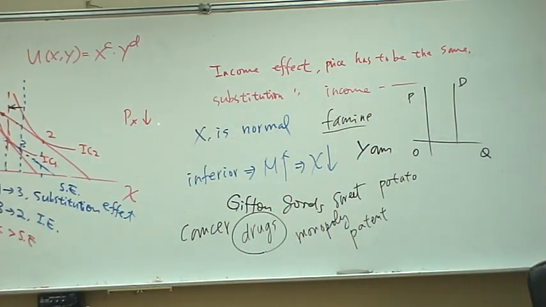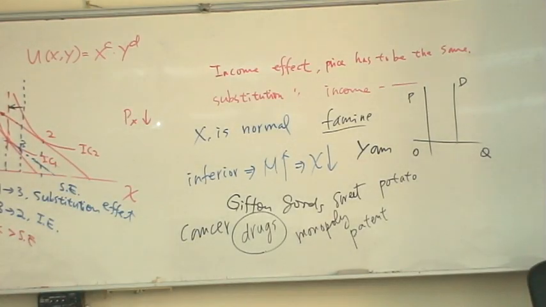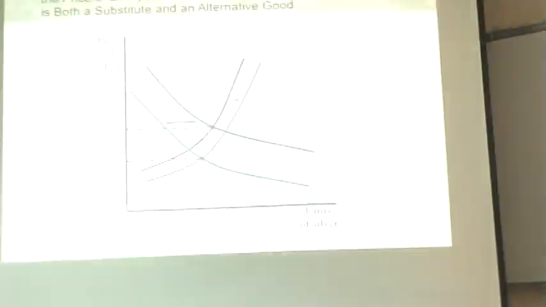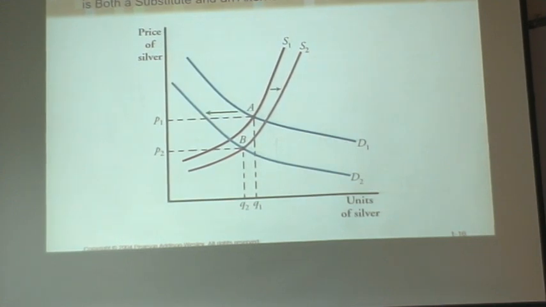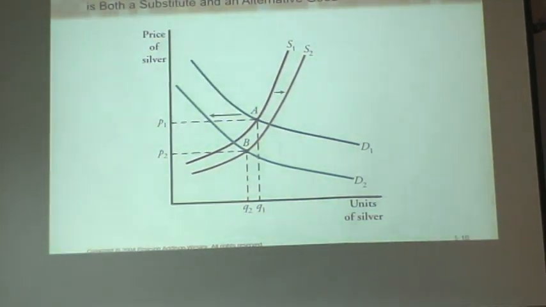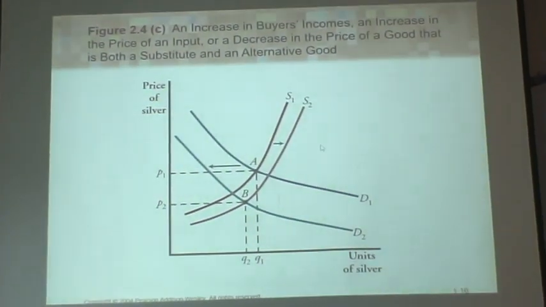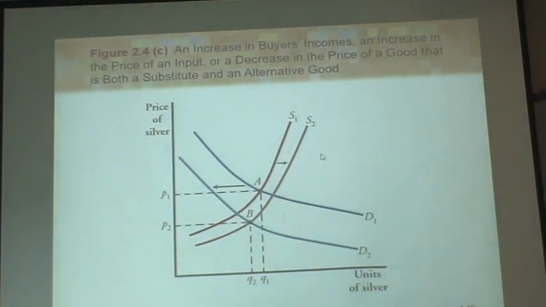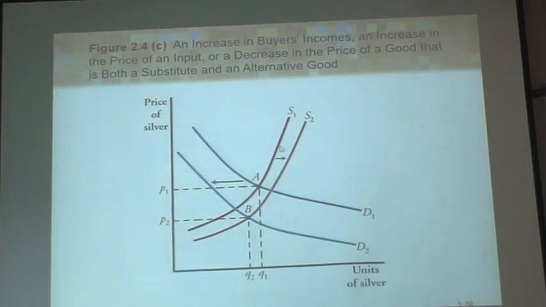This time we stop at around chapter 2. Here is the case. The story is that there is an invention, a new technology, in the production of silver. Because of the advance in technology, there is an increase in supply.